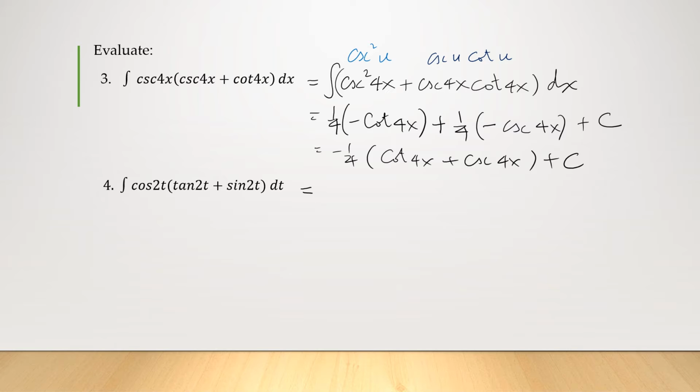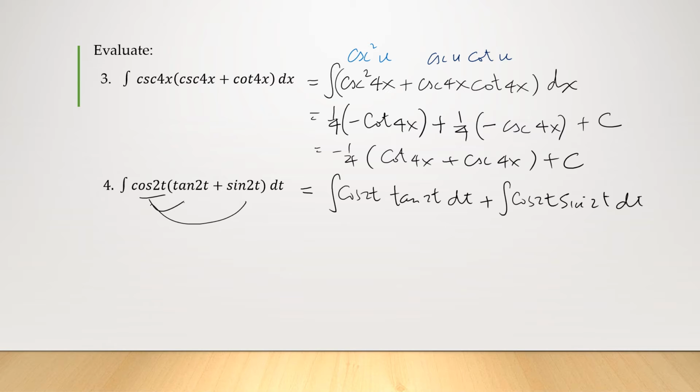So again, we distribute cosine 2t. Thus we have cosine 2t tangent of 2t dt plus cosine of 2t sine of 2t dt.